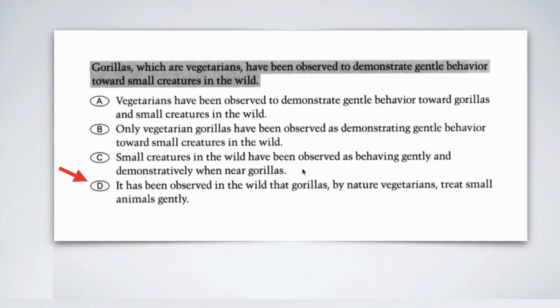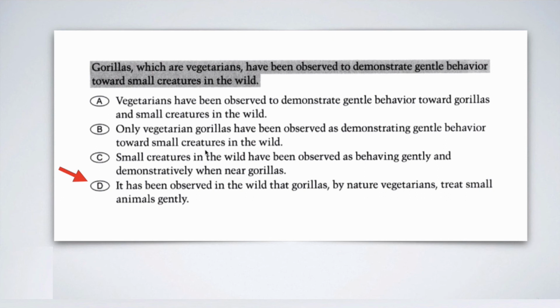Okay, we see why this answer choice is funny. It's because small animals or small creatures are nice when they're near gorillas. That's not true. The sentence was saying that gorillas are nice towards small animals, not vice versa, not that small animals are nice to gorillas. So that is why, of course, this answer choice is also wrong.